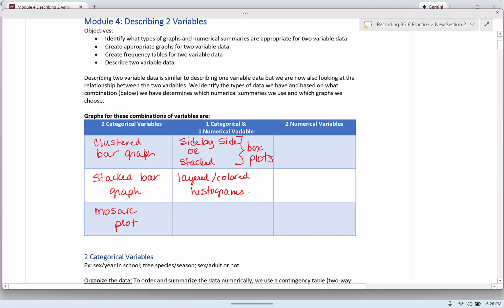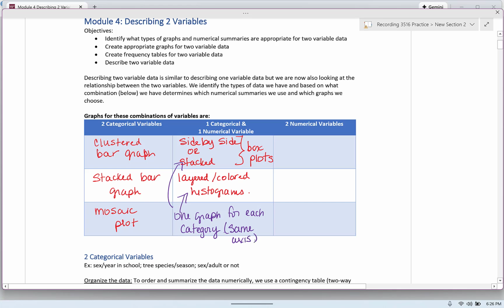When we make these graphs, whether it's the histogram or the box plot, there's one graph for each category we have with our categorical variable, and they're all on the same axis.